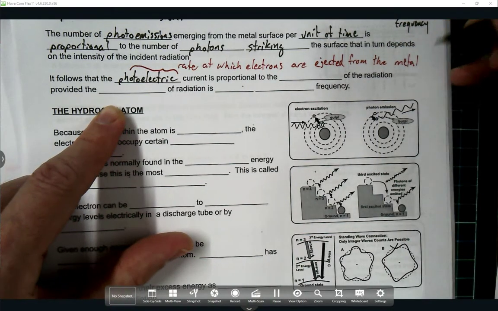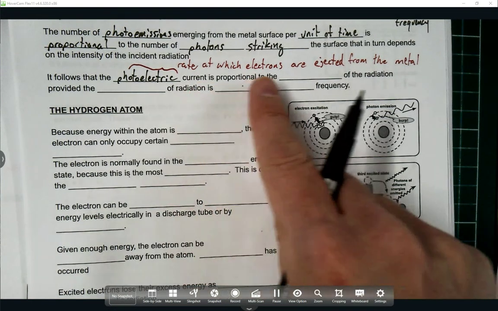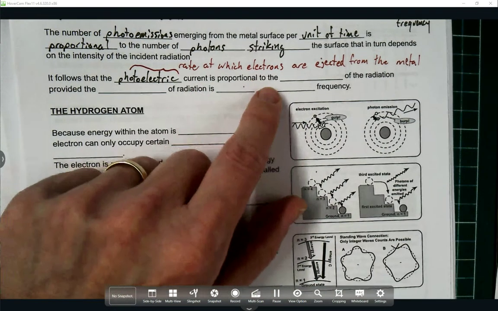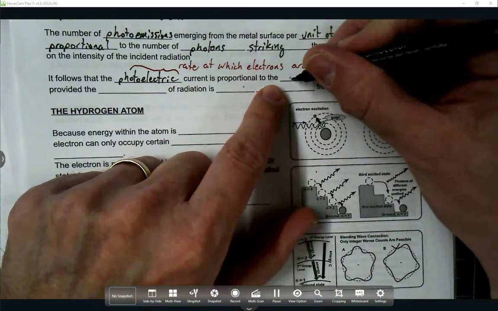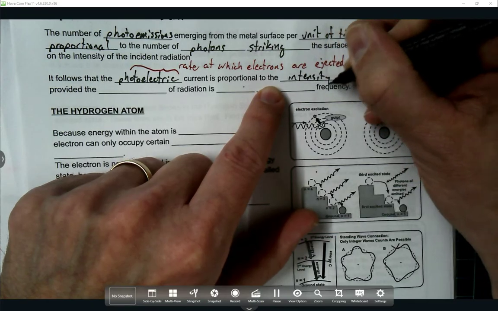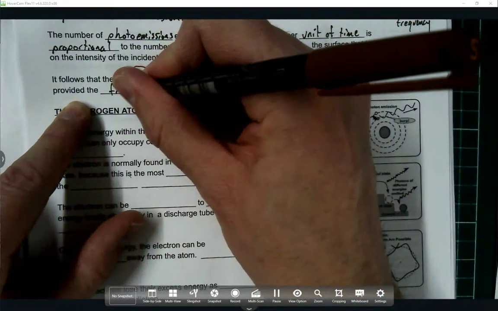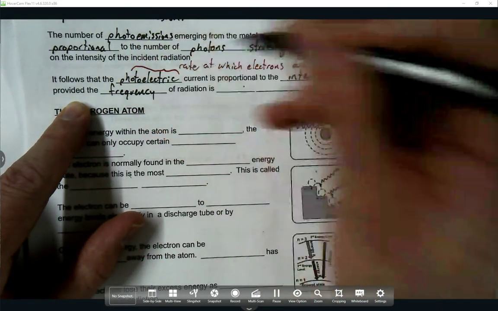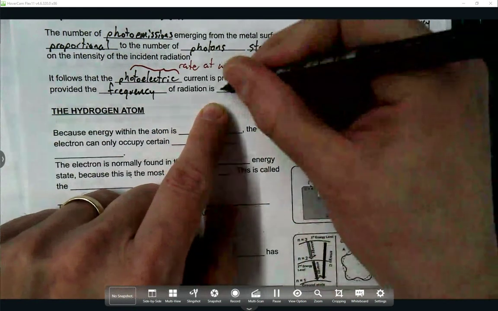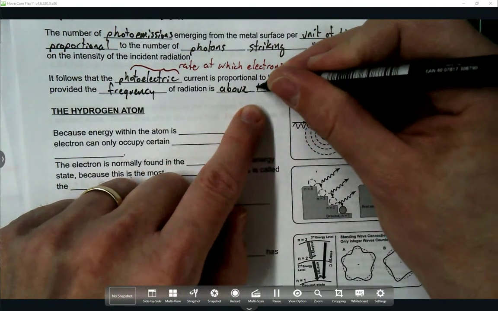Man, we're turning a lot of short words into street language phrases. So the photoelectric current, the rate at which electrons are ejected from the metal, is proportional to the intensity of the radiation, so how bright, provided that the frequency of the radiation is above the threshold frequency.